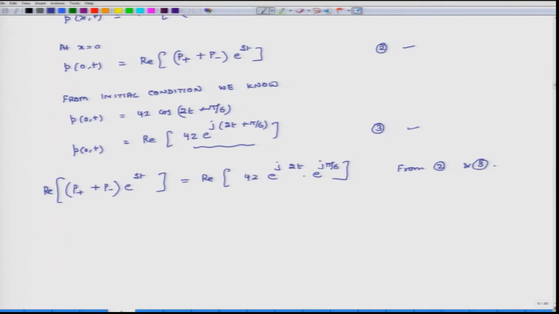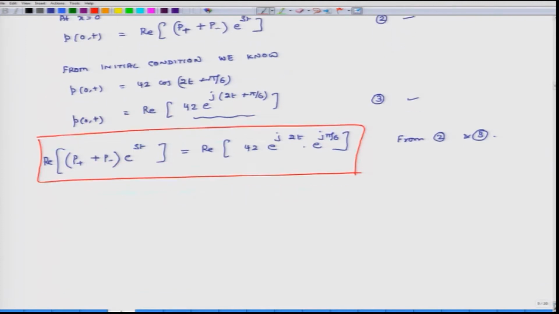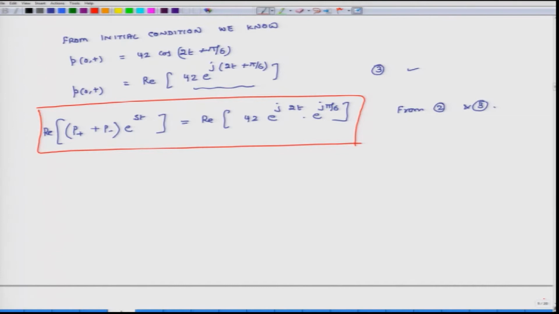Now, I look at this equation, and this equation has to be true at all values. So, I call this equation 4. So, I say that equation 4 should be true for all values of t.